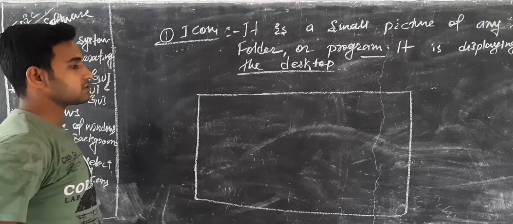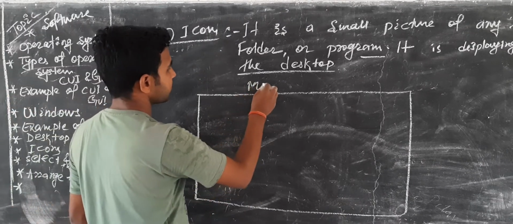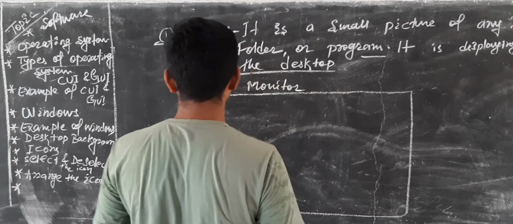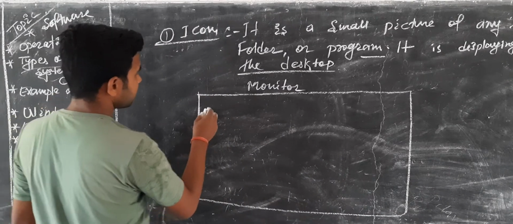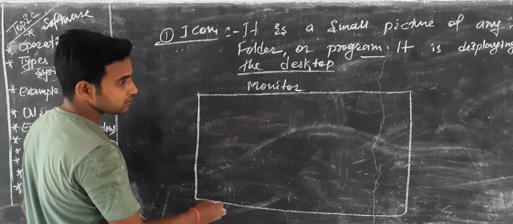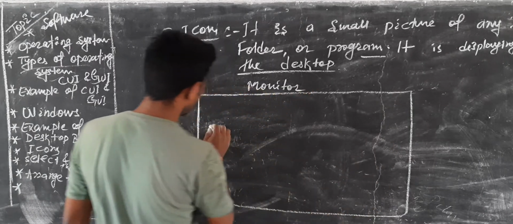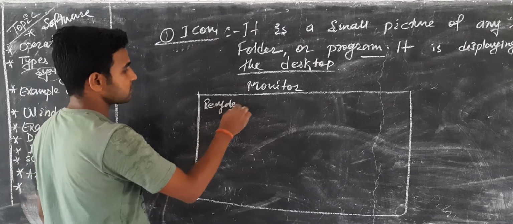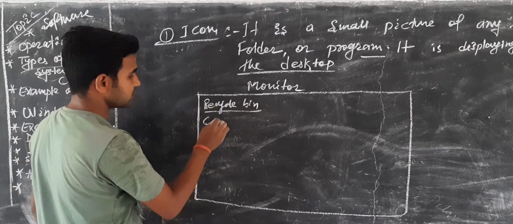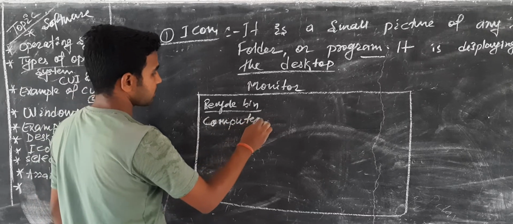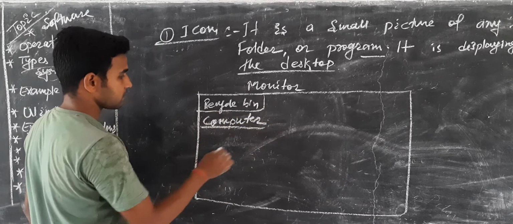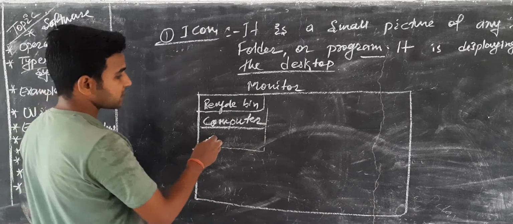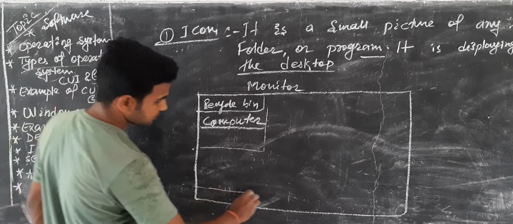This is a monitor, and here the icons will be present, on the left pane and the right pane. Many icons will be present here, like the recycle bin and computer, and it depends on the user.